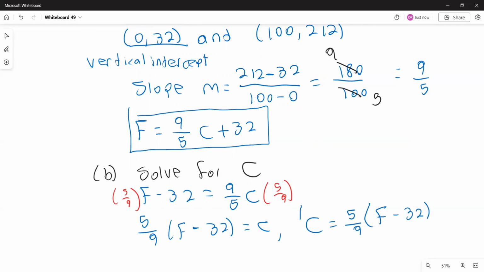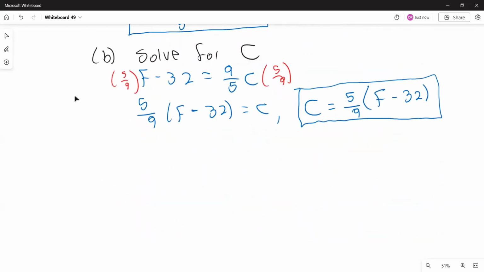And we can just keep it like that. Or if you want to write it in slope-intercept form, that's okay, but that's not necessarily going to be simpler. So that one is fine. We can leave it like that.